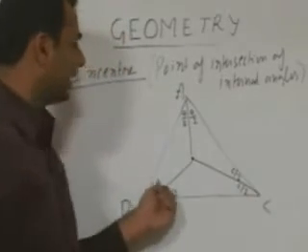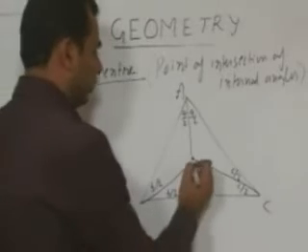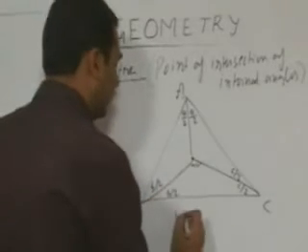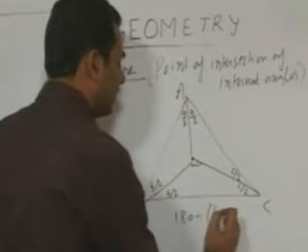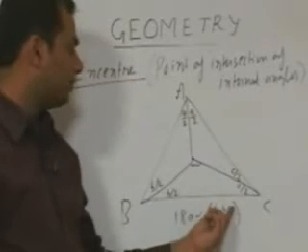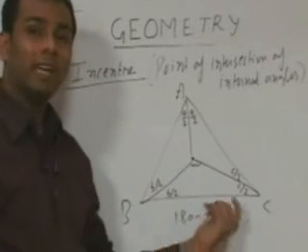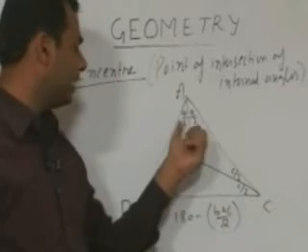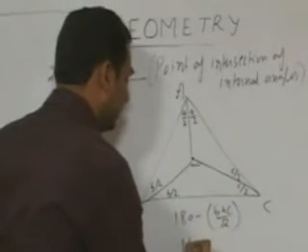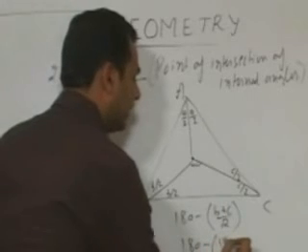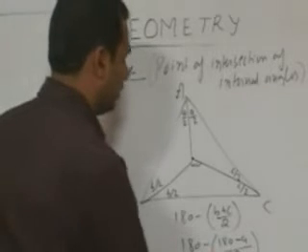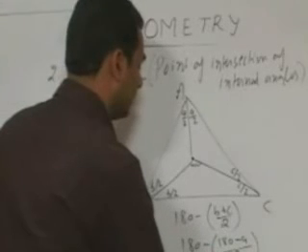This entire angle is C, this entire angle is B and this entire angle is A. So can you find out the measure of this particular angle? This angle is 180 minus (B by 2 plus C by 2), and we know that B plus C is equal to 180 minus A. Because A plus B plus C is equal to 180 degrees, B plus C is equal to 180 minus A. So I can definitely say this is 180 minus (180 minus A) by 2, which comes out to be 90 plus A by 2.